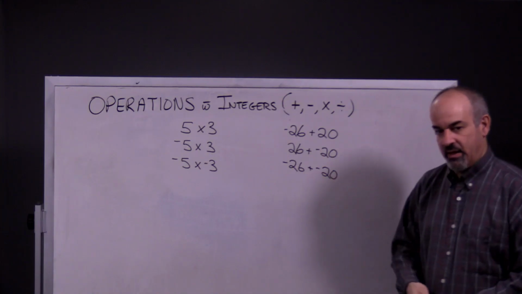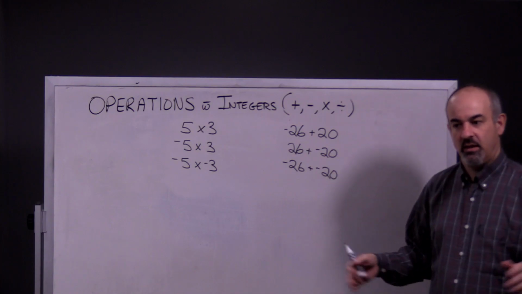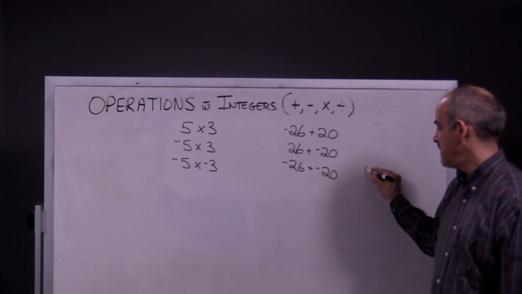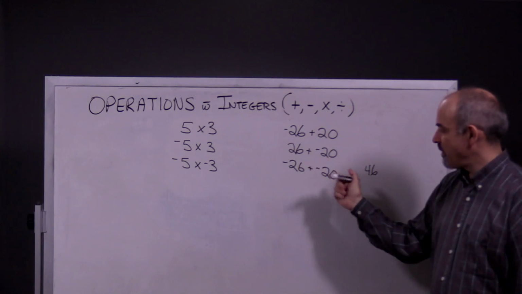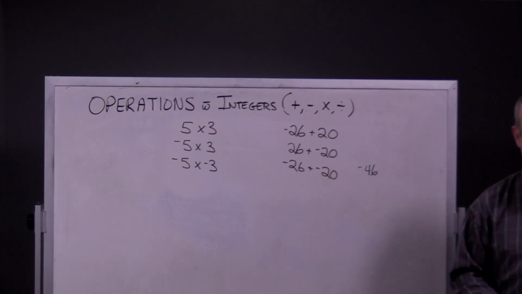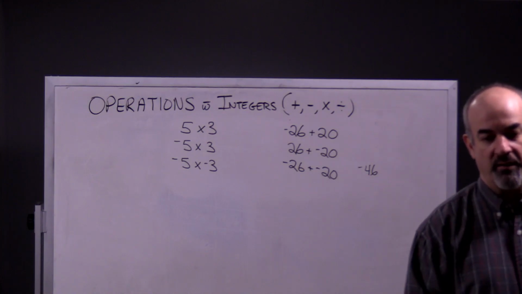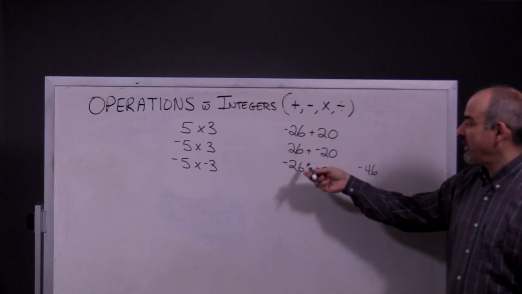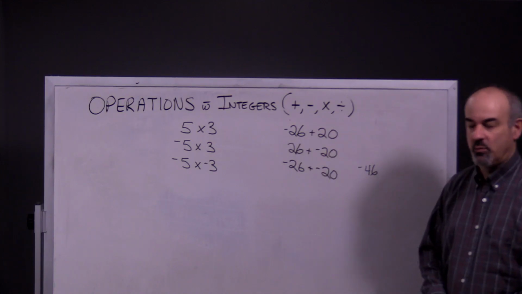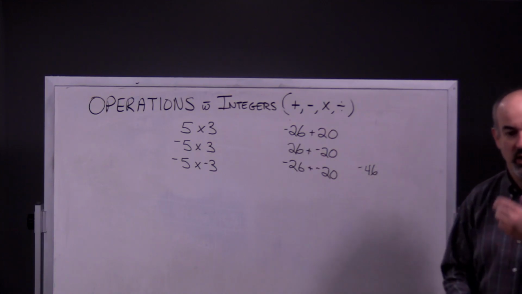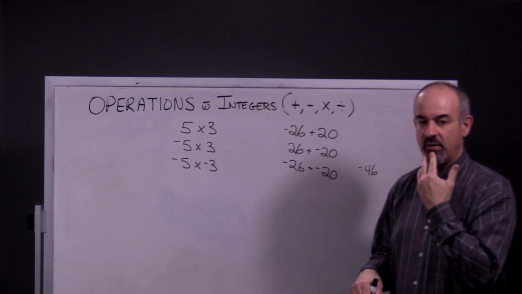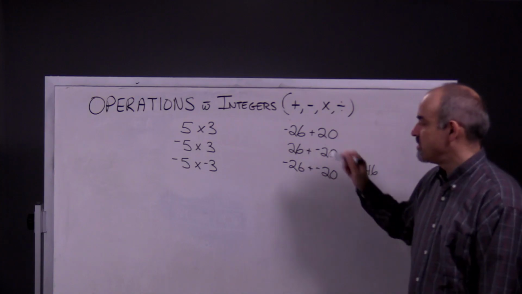If they're both negative, what you can do is just pretend that they're both positive. Add 26 and 20, that's 46. But since they were both negative, the answer is negative. So you don't have to draw a number line or counters for that. If they're opposite signs, doesn't matter which one, one's positive and one's negative, just subtract them.